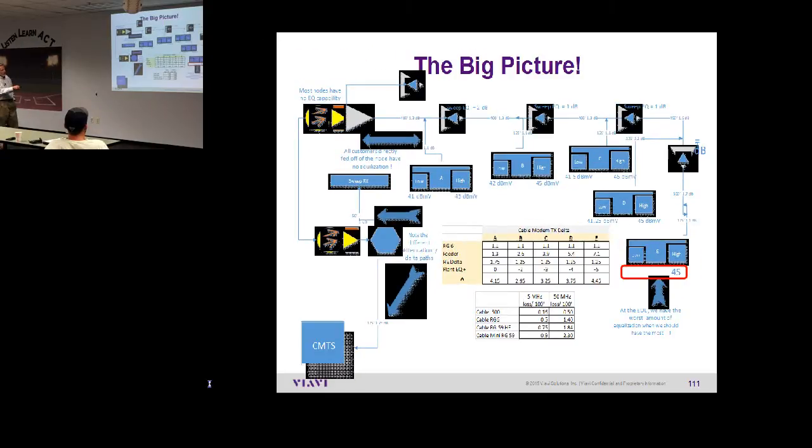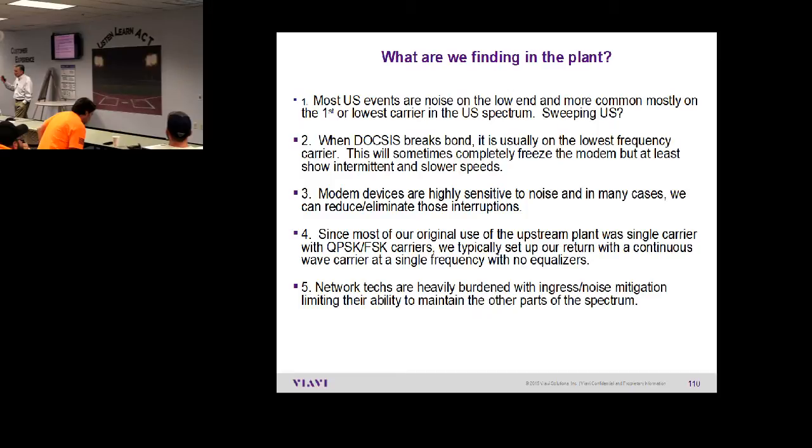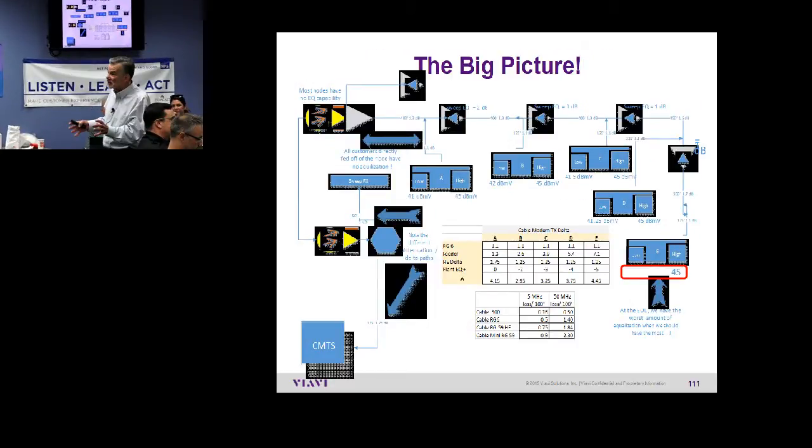In any event, if we have constant flat inputs all the way back, what happens is the modems further out in the system have a lower transmit level on the low frequencies than they do on the high frequencies.